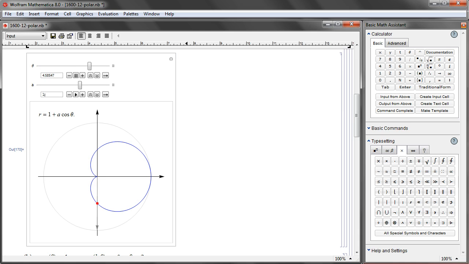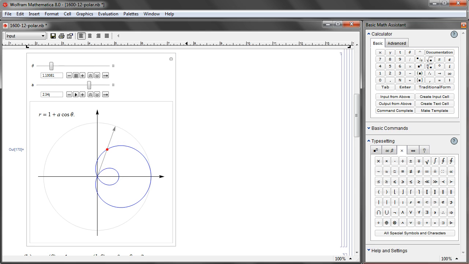Now if I change my a value around, when a is a little bit greater than 1, then this a cosine of theta part can become greater than 1 because we are multiplying some number a greater than 1. Consequently, r value can become negative depending upon theta value, especially when theta is pretty close to pi.